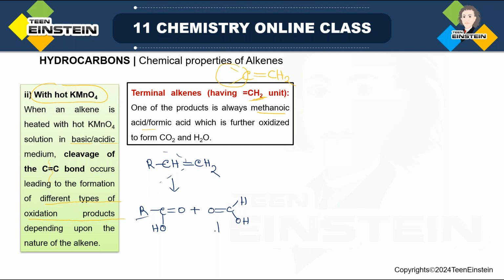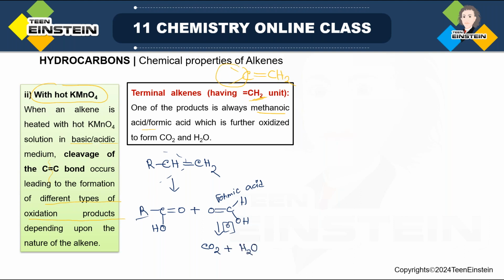But it will not stop at this position. This is formic acid, right? Further, there will be oxidation, because there is an oxygen source, which is obviously KMnO4. This HCOOH will now be converted to CO2 and water.